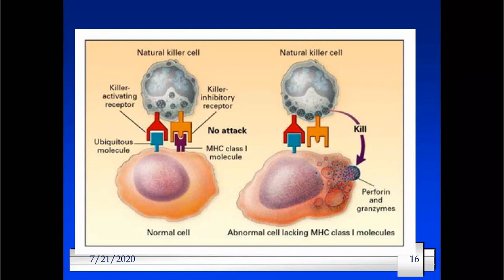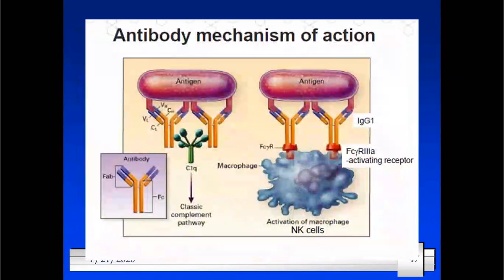Now the other slide talks about the antibody mechanism of action. Mechanism of action of antibody against tumor. What is the benefit of antibody? What is the role of the humoral immune response here? Antibody represents the humoral arm of the immunity. As you know, antibody is secreted by the activated B lymphocyte against certain tumor. Antibody has several mechanisms to act against tumor.